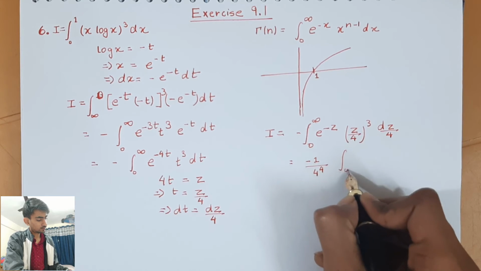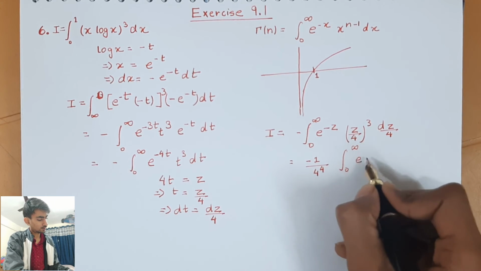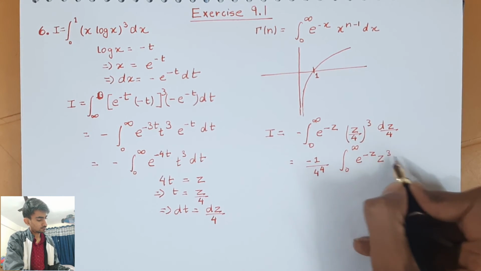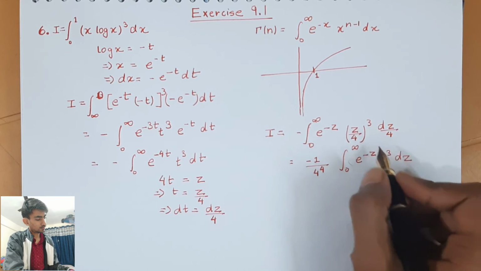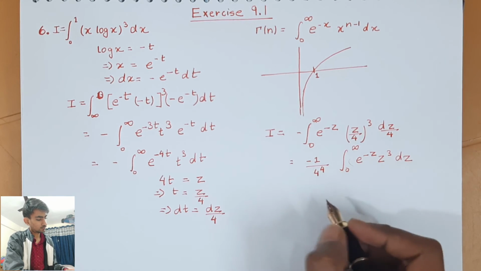And for this, let's rewrite it, and this is nothing but gamma of 3 plus 1, which is 4.